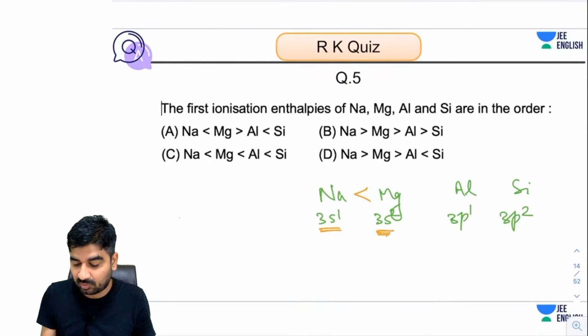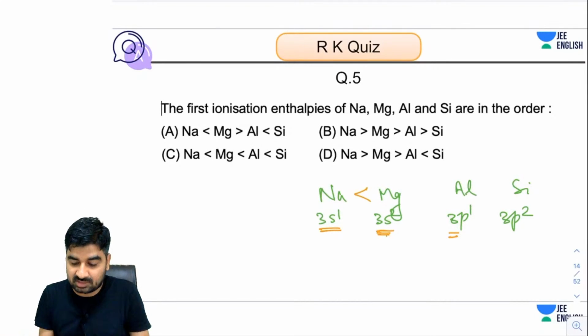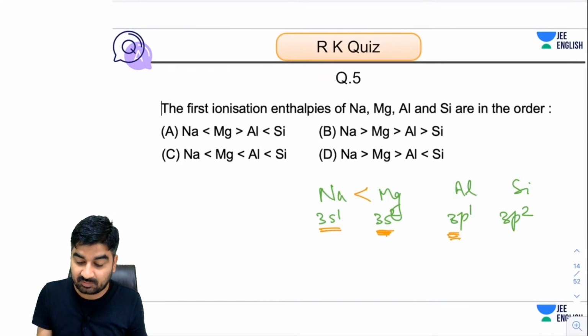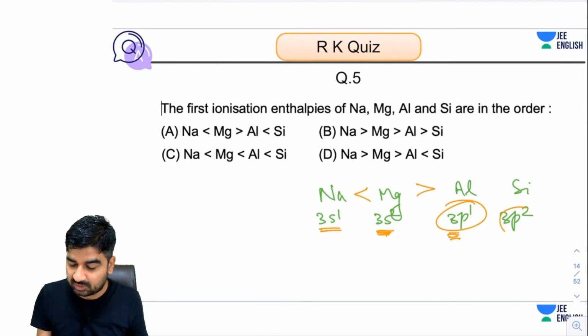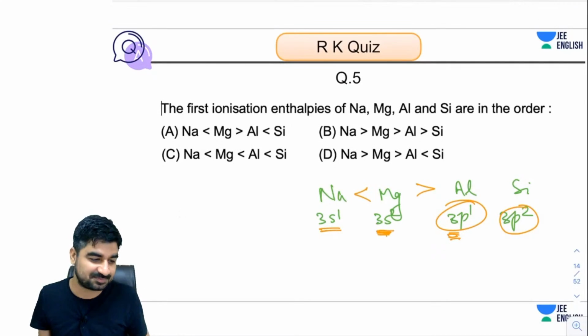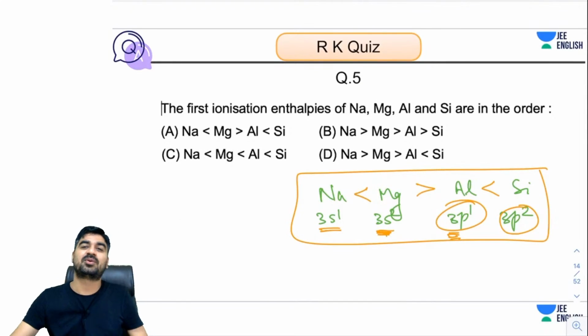Here it is being removed from s and p. When we are moving to the right, normally Z effective increases, but in this case the electron is being removed from s and here it is p. So the s electron will have larger attraction due to higher penetration effect. So it will be difficult to remove one electron from magnesium. So the sequence will be this, and then in both cases we are removing the electron from p, so there would be no issue. I hope you got this point.